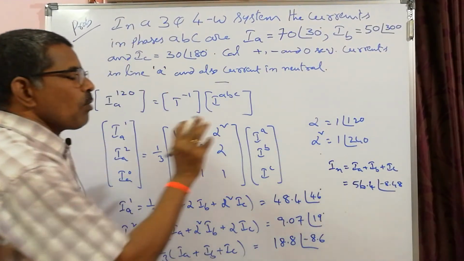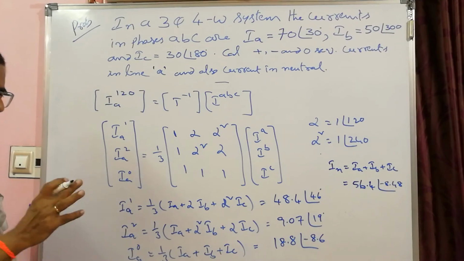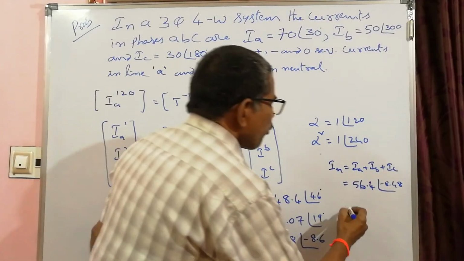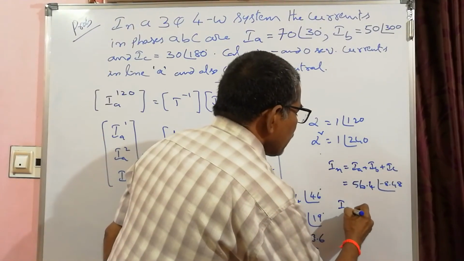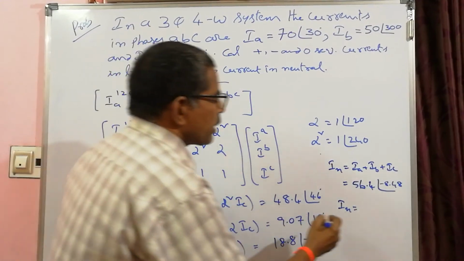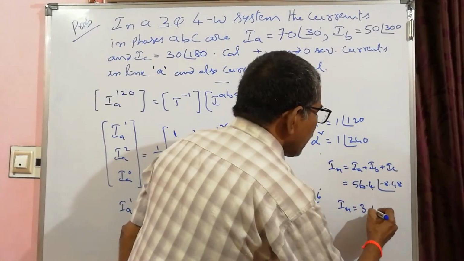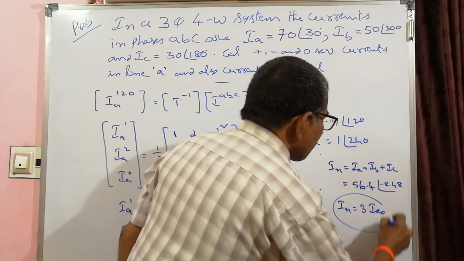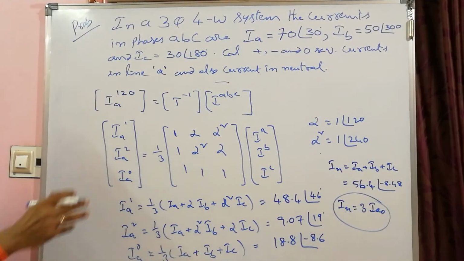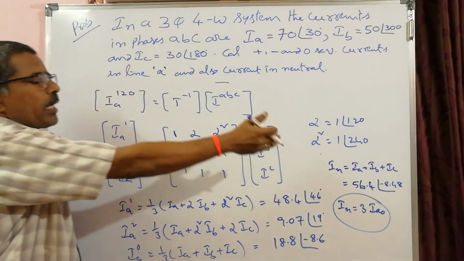This is what you are going to get, and you can verify that in terms of symmetrical components, IN is 3 times IA0. So there is no need of adding the actual values IA, IB, IC.